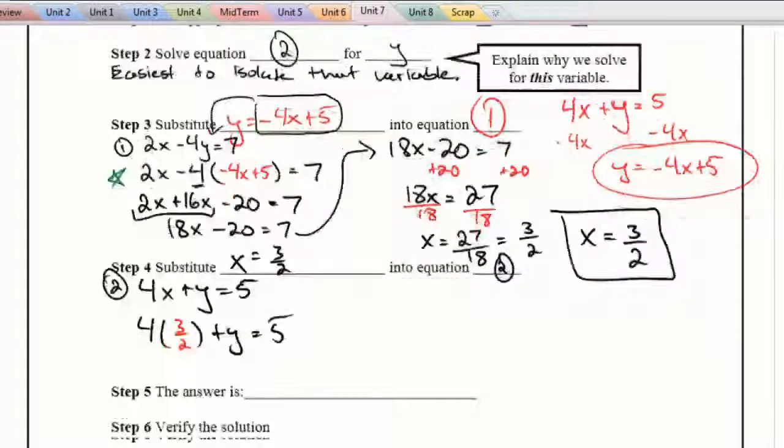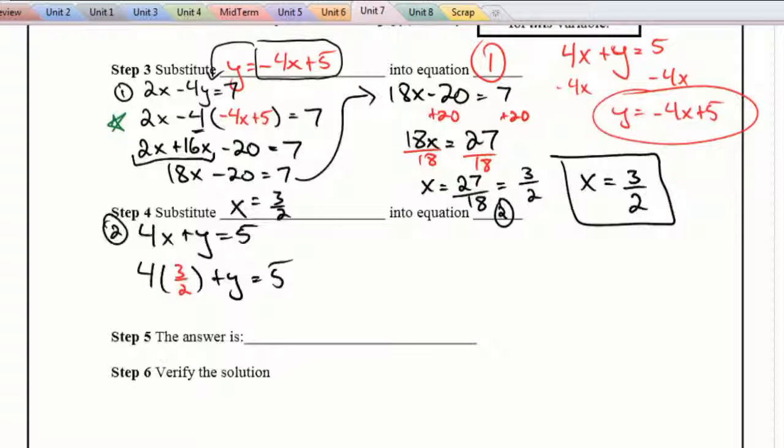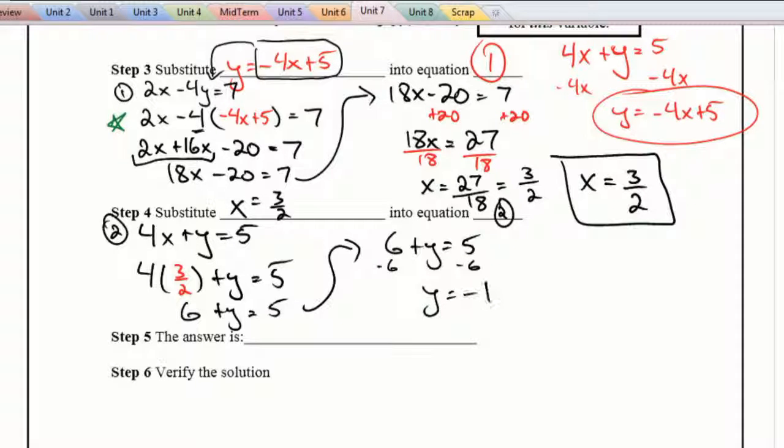So a little bit more algebra here. I got 4 times 3 is 12, divided by 2 is 6. So this all simplifies to give me 6 plus y is 5. And then I'm going to subtract 6 from both sides. I'm going to end up with y is negative 1.